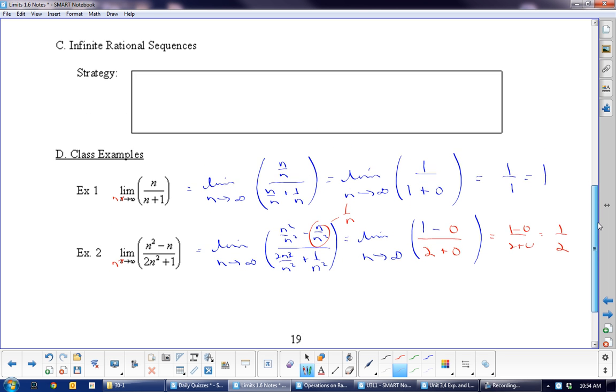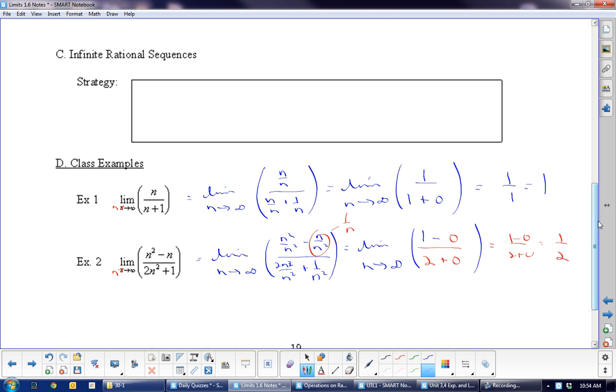Okay, so let's go up and write our rules now. So the strategy to do these: divide the terms by the largest power or degree.